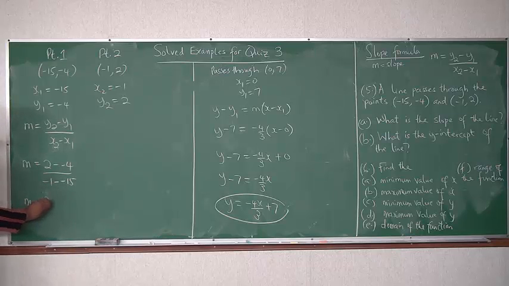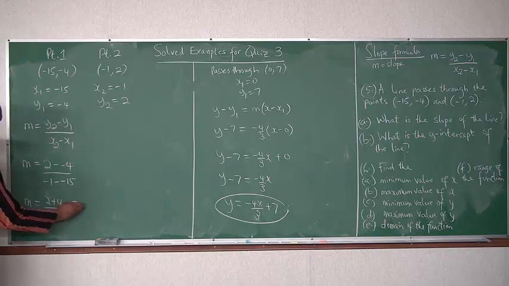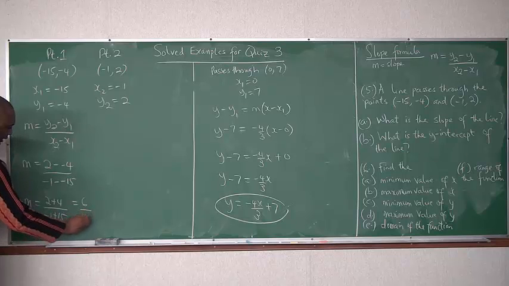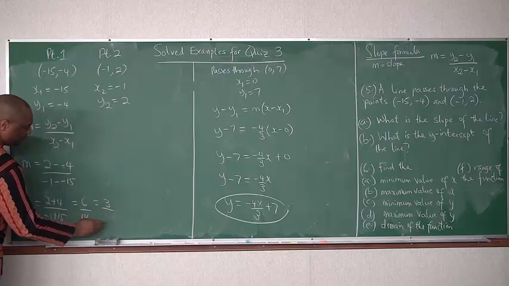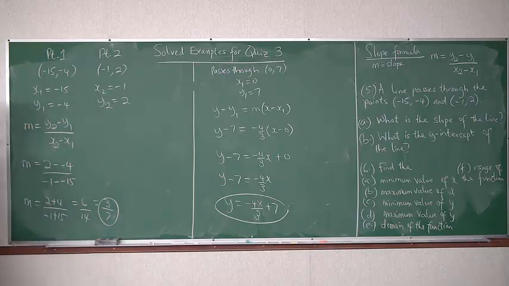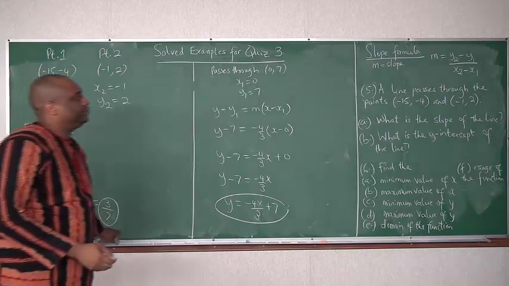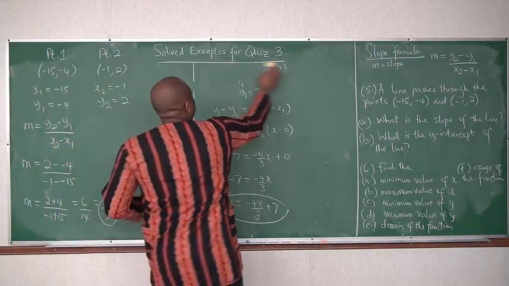So the slope will be 2 plus 4 over minus 1 plus 15. That gives you 6 over 14. 2 into 6 is 3. 2 into 14 is 7. The slope is 3 over 7. That is the slope. Now let's find the y-intercept.